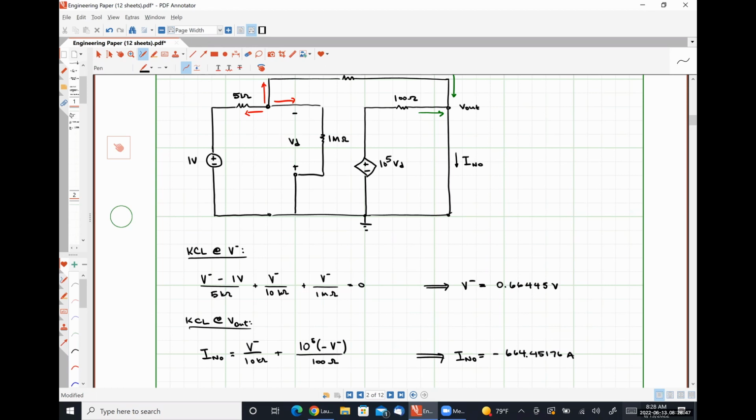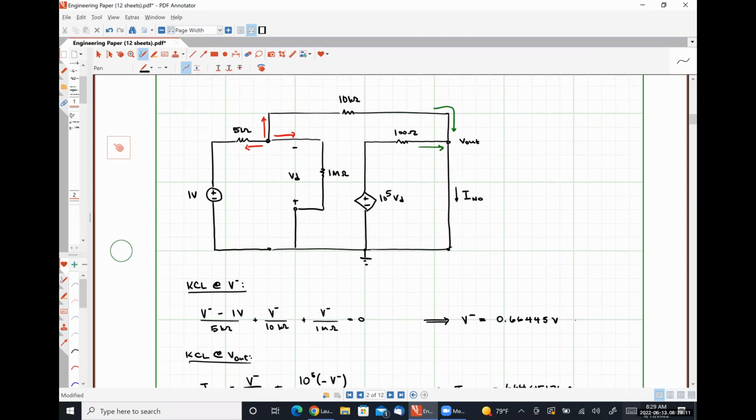If we actually shorted the output terminal of an op amp to ground, we would likely only see currents in the range of milliamps because that's what they are designed to carry. It would burn out if we put anywhere close to this amount of current. So just want to be very clear about that.